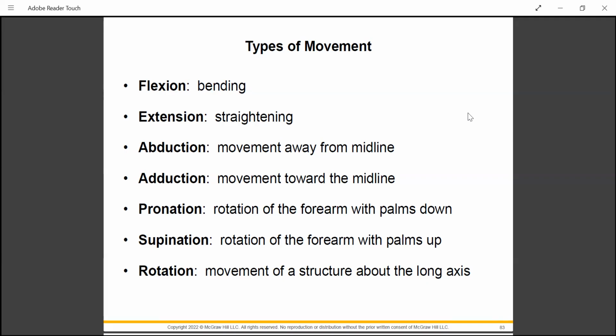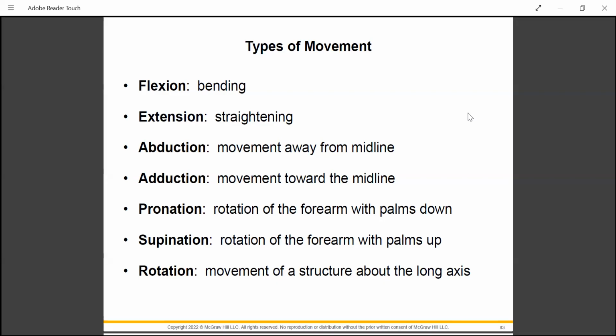The best way I can describe this is with your feet. If you turn your toes in towards each other, that would be internal or medial rotation of your hips. If you turn your toes out and your heels are pointing together, that would be external or lateral rotation of the hip.